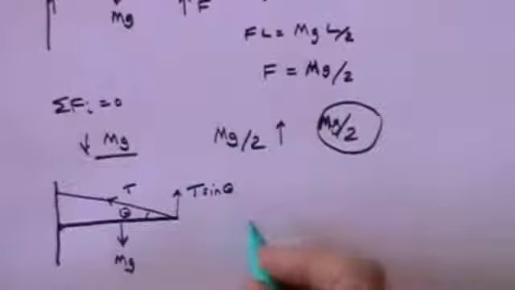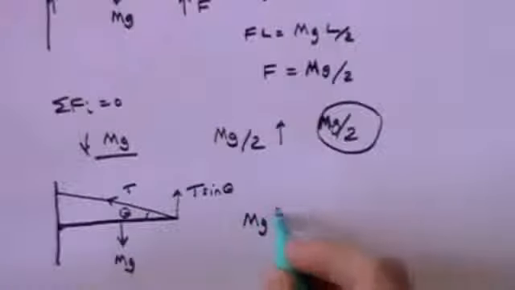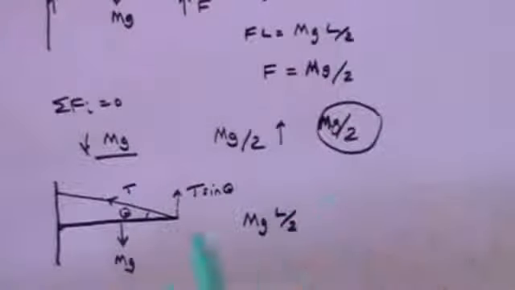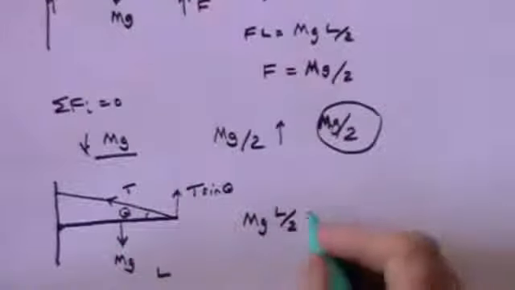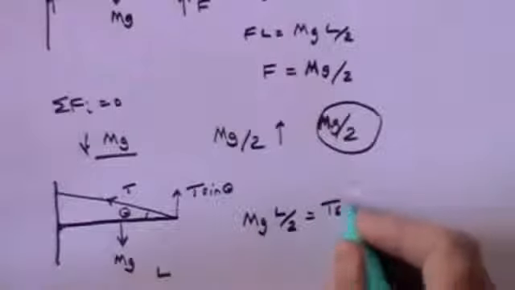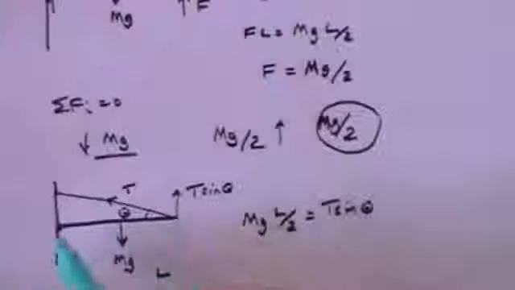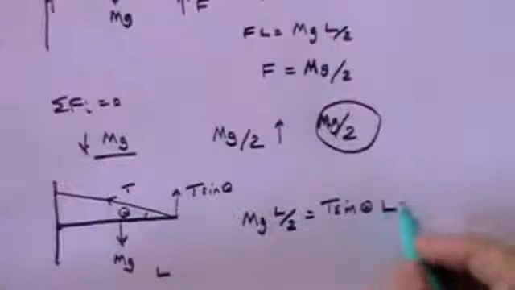In the downwards direction, we've got, as before, mg times L/2, the force times the distance. Going in the other way, you've got T sine theta times the distance, which is L.